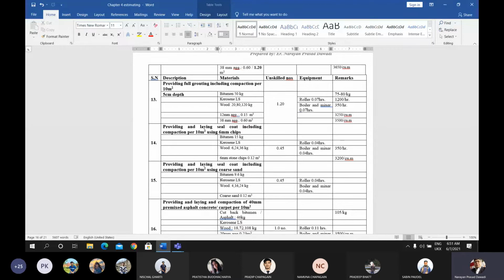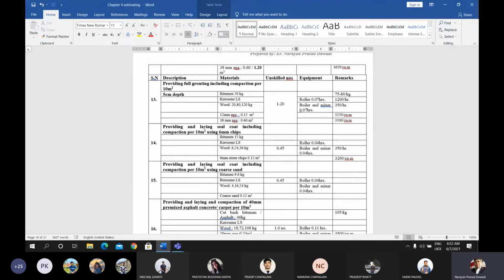That can be done using 6 mm stone chips or using coarse sand. If you are not told which one, you can do it with either. But if you are given a specific material for the seal coat, then do it according to the specified material.